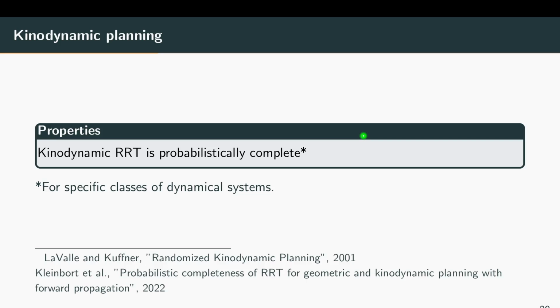And then we're done. And what's cool is that kinodynamic RRT also has the same nice property that RRT had, namely that it's probabilistically complete. There's a little star, but that doesn't matter today. We will revisit what the star actually means in 2 weeks.